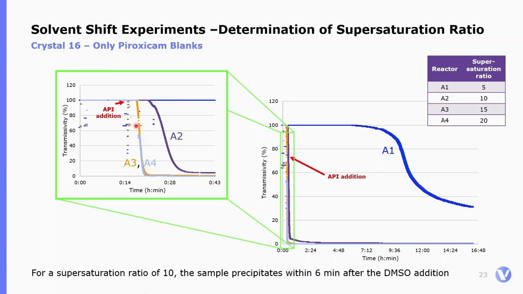And for the highest ratios of 15 and 20, the precipitation occurs much faster, within 2 or 3 minutes. Based on the results, we decided that a supersaturation of 10 strikes the right balance. It's fast enough to reveal differences in stabilization, but not so fast that everything crashes out before we can observe the effect of the polymers.